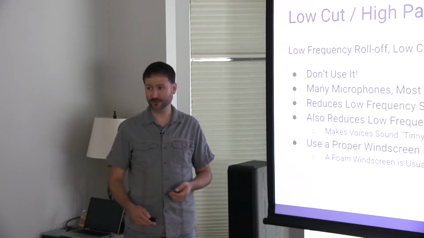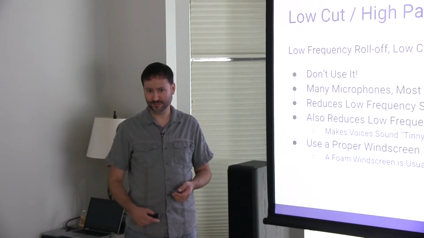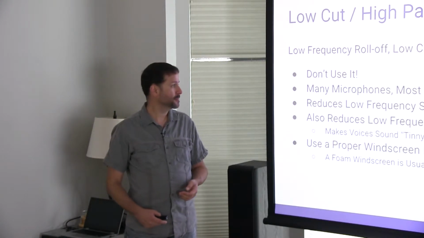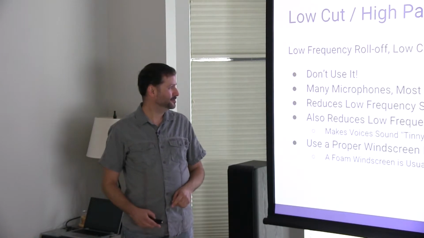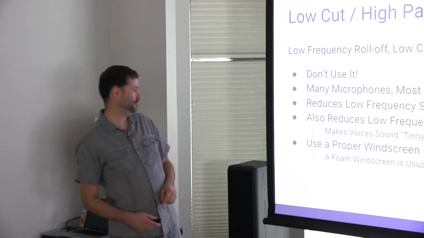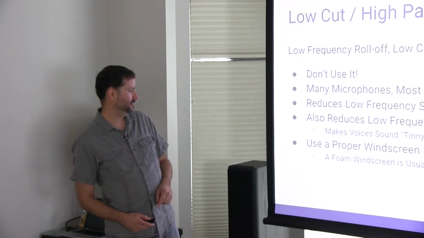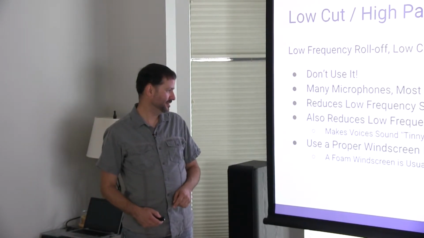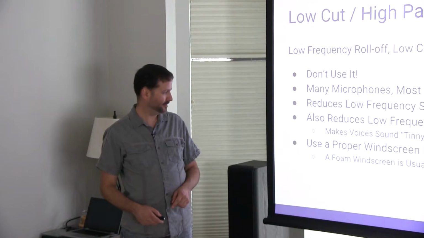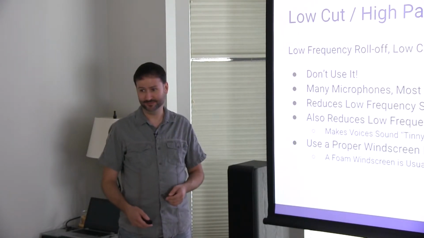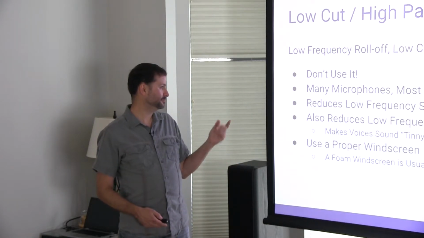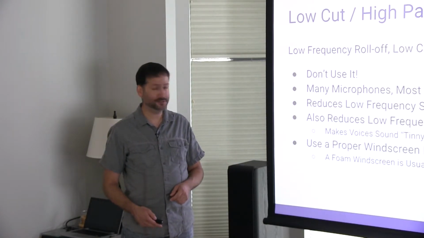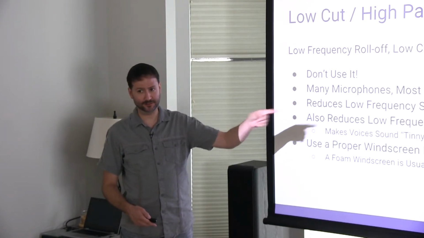But there are definitely better ways to do it that don't sacrifice the low frequency spectrum. Frequency spectrum, that's the word I was looking for. So I hit all my points. Yeah, so instead of using the low cut, use a windscreen. And I think I'm going to talk a little more about windscreens later, but yeah, I never use it. I never use the low cut filter on either the microphone or the recorder.